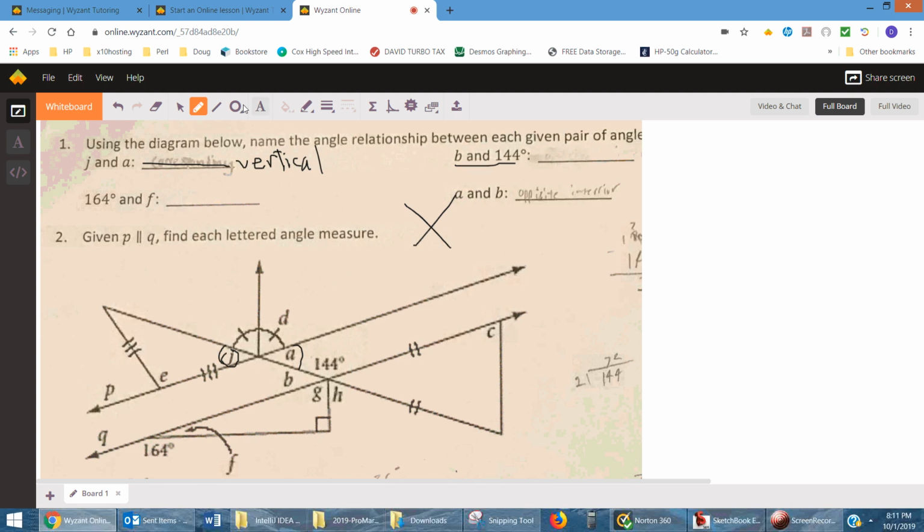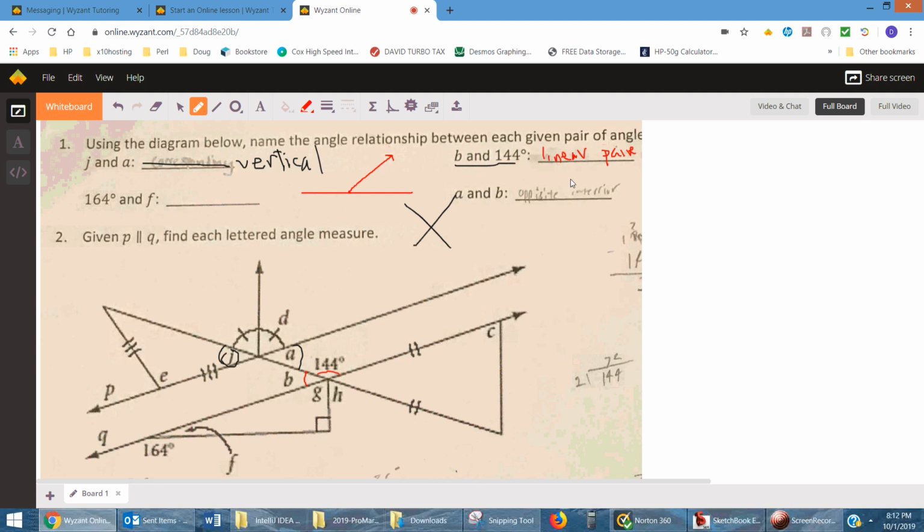B and 144, let me go to red, are right here. And they form what's called a linear pair. So if you have a straight line like this, and then you have a ray emanating from a point on that line, the two angles that are formed are a linear pair.